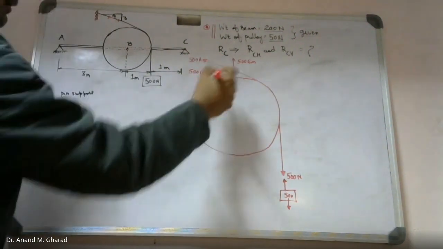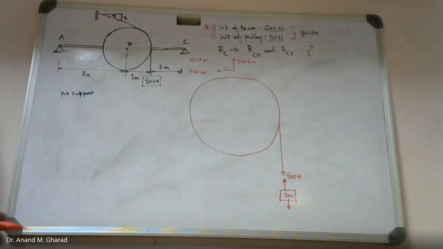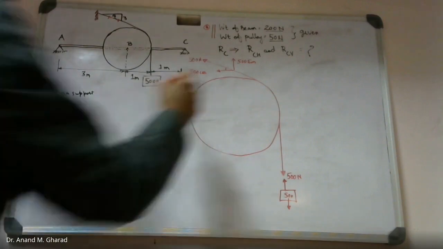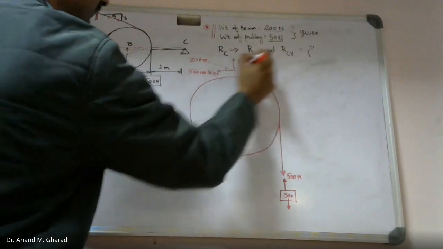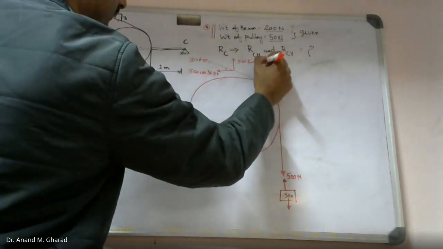That is the angle, this angle. How much should it be? Is it 36.87? Please verify. Yes, sir. Yes, sir.